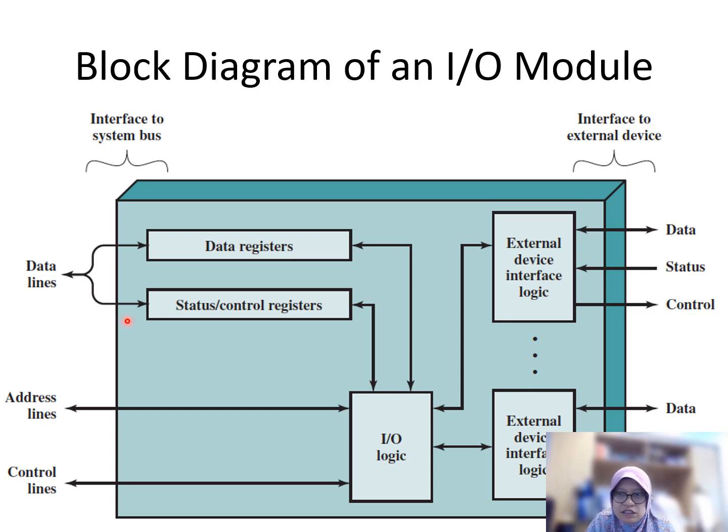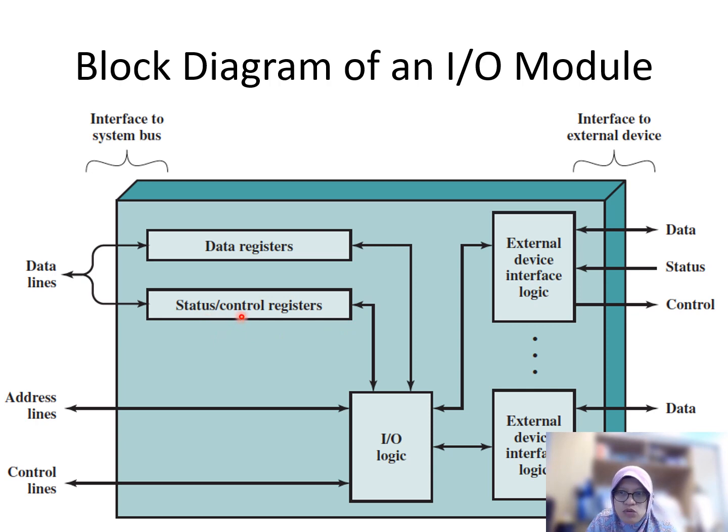Data is transferred to and from the module through the buffer, in one or more data registers. There may also be one or more status registers that provide current status information.